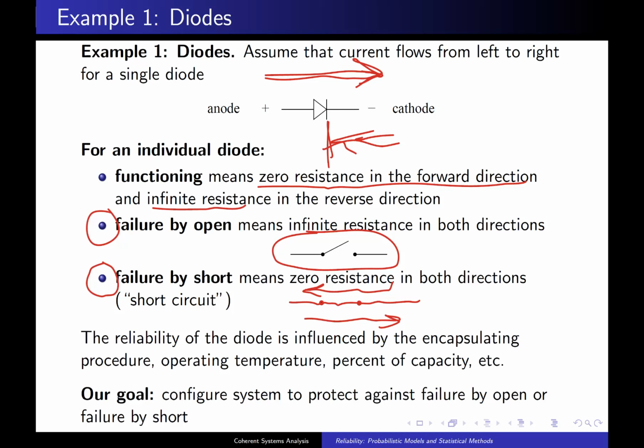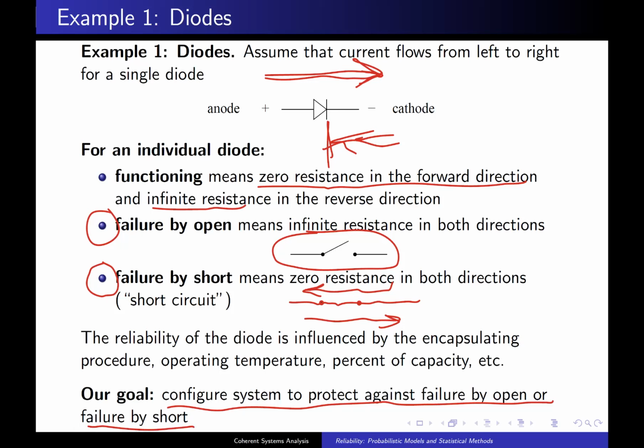The reliability of a diode is influenced by all kinds of other factors, such as the encapsulating procedure, operating temperature, the percent of its capacity that it is operating at, etc. Now, our goal here is to try to configure this system to protect against failure by open or failure by short.